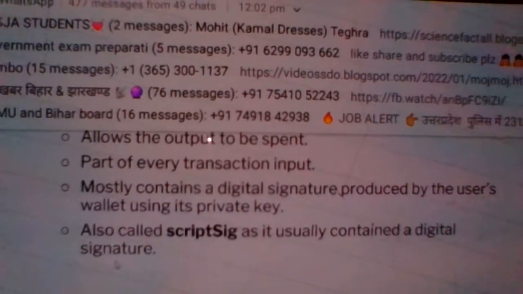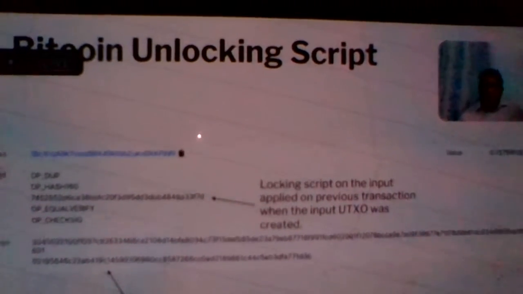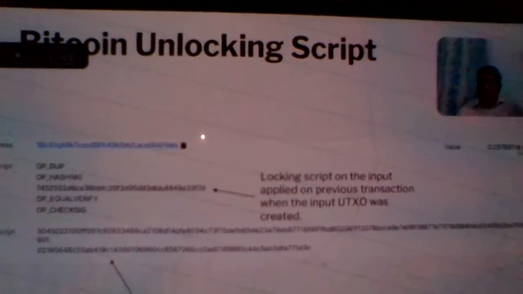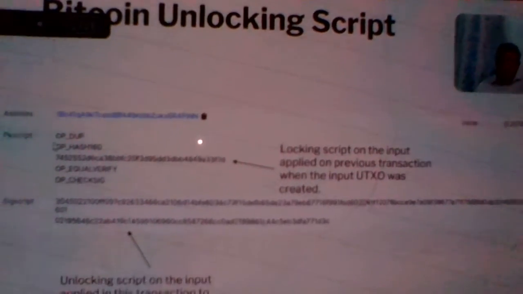So this is what actually happens. Let us see how it proceeds. This is the address, this is the value, and this is the locking script. The locking script is put here on the input, applied in the previous transaction when the input UTXO, the unspent transaction output, was created.